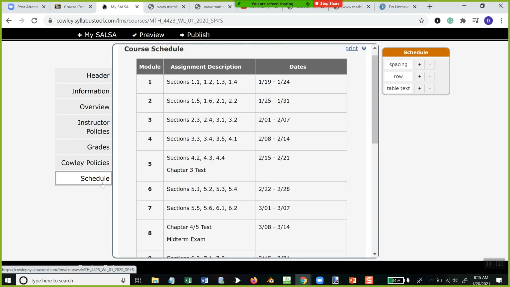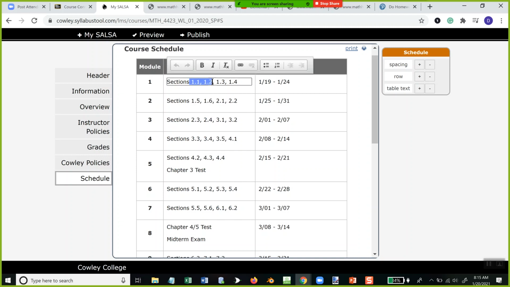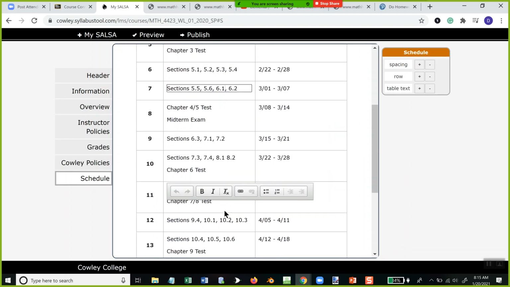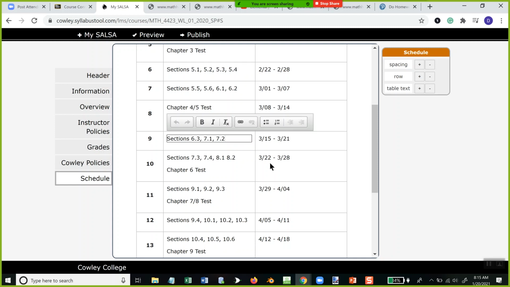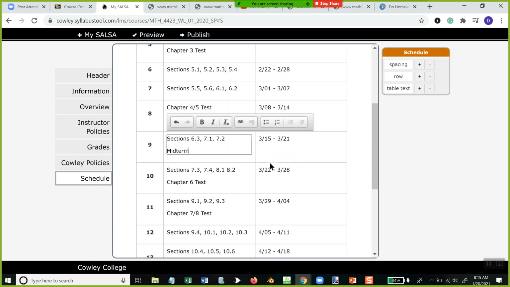You can read all those. I slapped some kind of schedule down. We'll get behind this first week, so that's not a big deal. I'm planning on getting through hopefully 1.1 and 1.2. I don't think we'll get farther than that. They require me to give you some kind of schedule, so I slap it down there. Let's see. I guess this will be about the midterm right here.